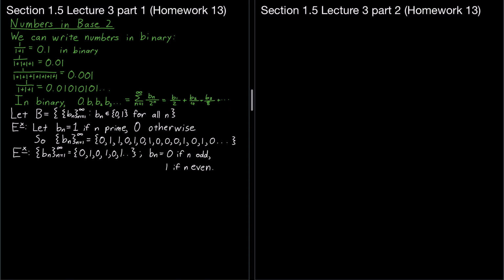And then what we're going to prove now is that B is not countable. And the proof is pretty straightforward. In fact, we did all of the work last time.